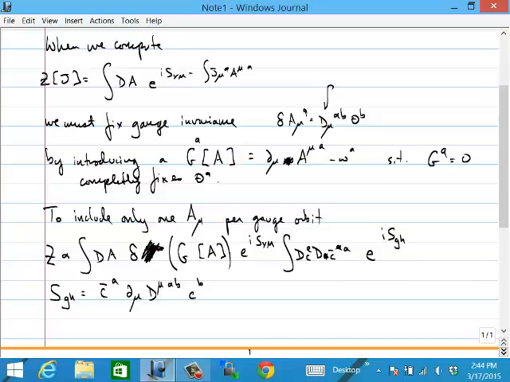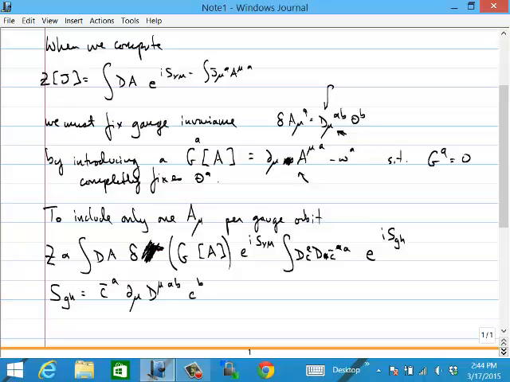So the idea is that the gauge variation involves this covariant derivative, and then this gauge fixing constraint, so we're choosing some sort of Lorentz gauge condition where you fix the divergence of the vector field A, and then you get a Jacobian determinant, which is the functional derivative of G with respect to theta.